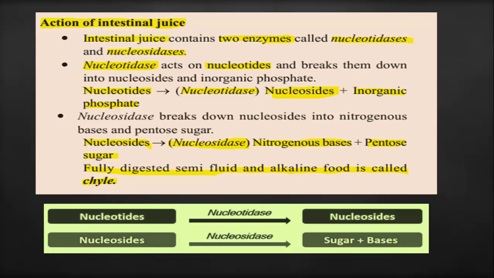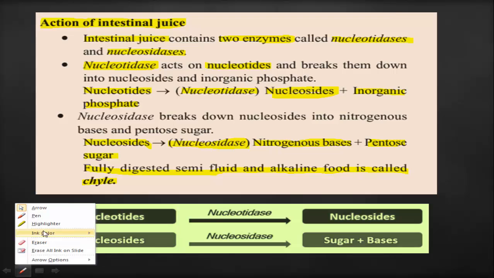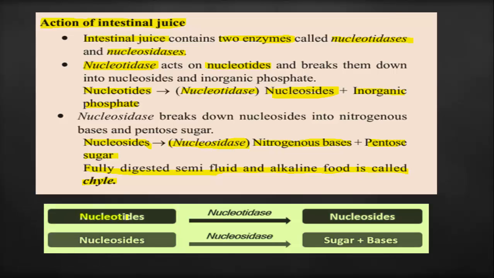The same reaction I have given here. Nucleotide is acted upon by nucleotidase and broken into nucleoside plus inorganic phosphate, whereas nucleosides are broken by nucleosidase and the resultant products are sugar and bases.